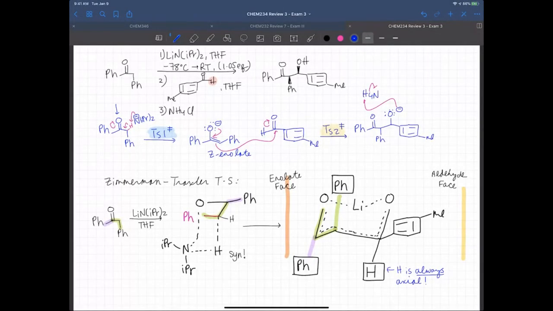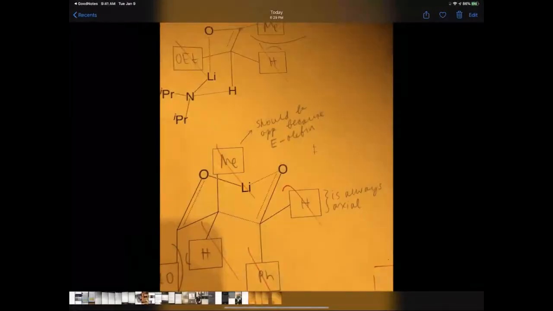Okay, let me show you what I did on my exam. Same thing. I just told you that the hydrogen has to be axial, right? Look at what I did. I put the phenyl on the axial position. So please don't do that. And the best part was that I could say that H is always axial, and look at where it ended up.